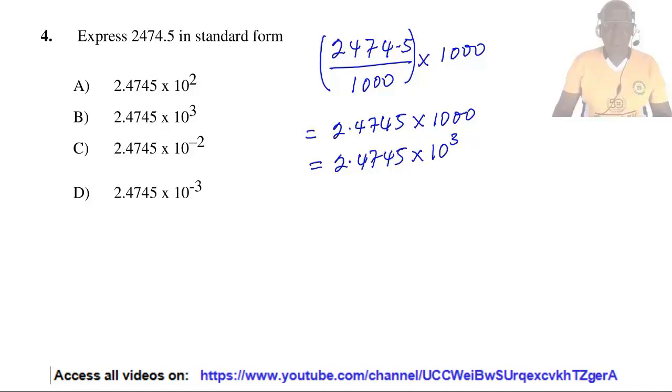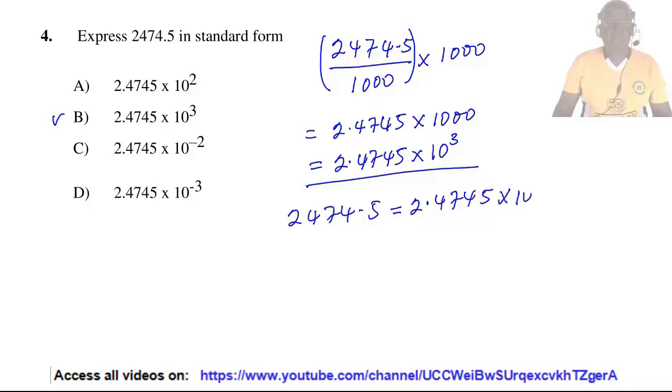So the answer is B. In short, to convert 2,474.5 into the standard form, we shall shift the decimal point 3 places to the left to obtain 2.4745 and therefore multiply by 10 raised to the power 3.